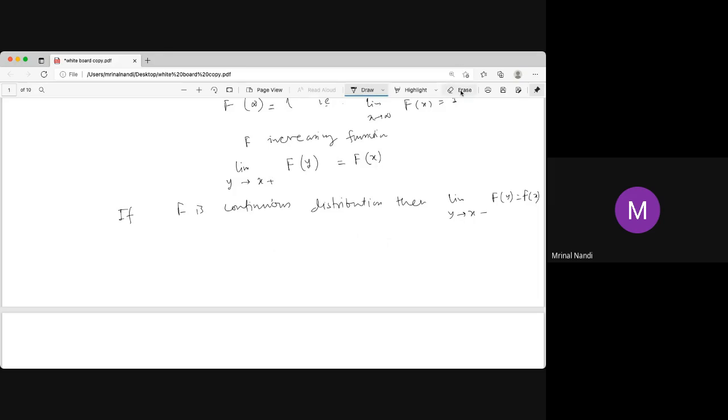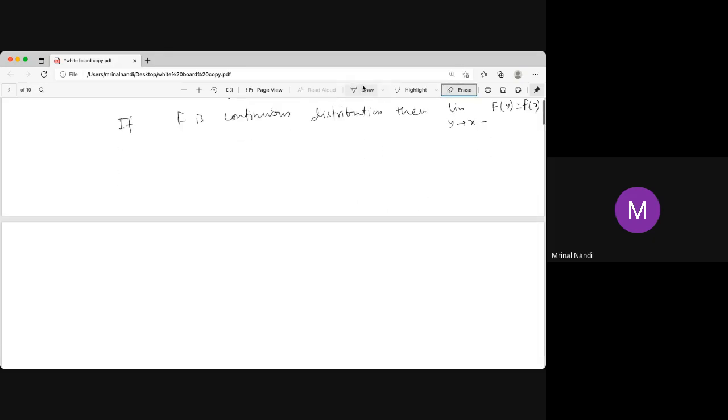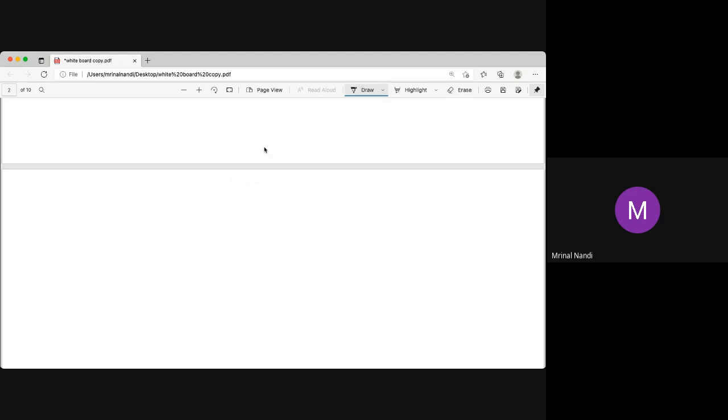Why is this so? Let's take a very simple quick example. Say we have a random variable which takes only two values. What values X takes is called the spectrum, or spec for short.